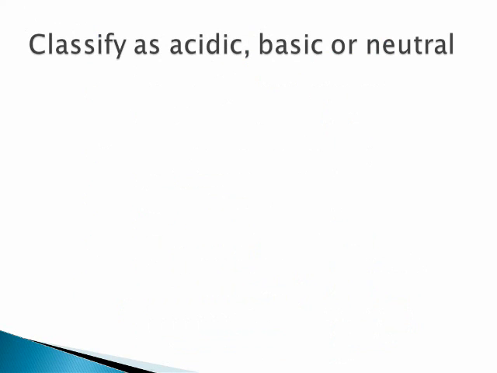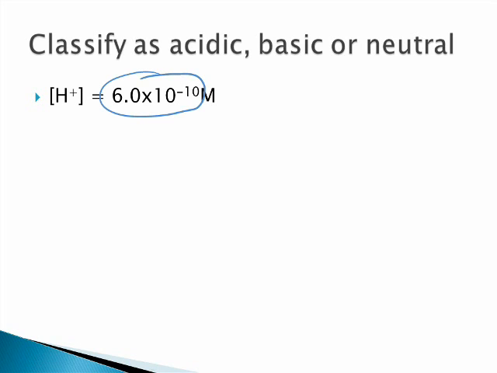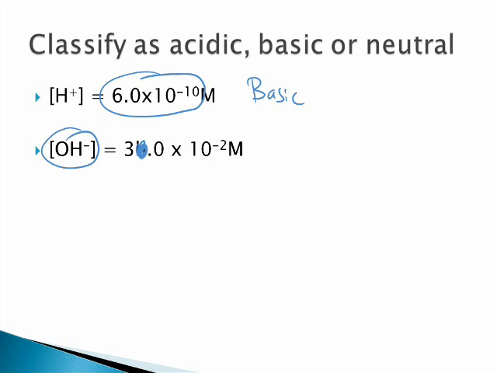So let's classify something as acidic, basic, or neutral. We have the hydrogen ion concentration is 10 to the minus 10. This is less than 10 to the minus 7, so that means it's basic. Here, the concentration of hydroxide ions is greater than 10 to the minus 7, so that also means it's basic.